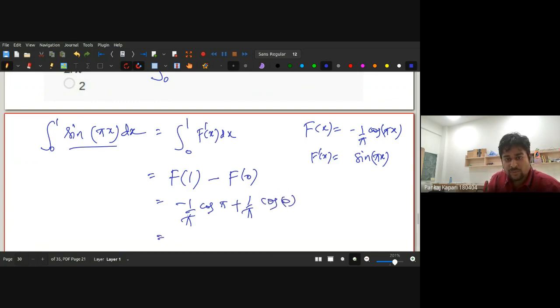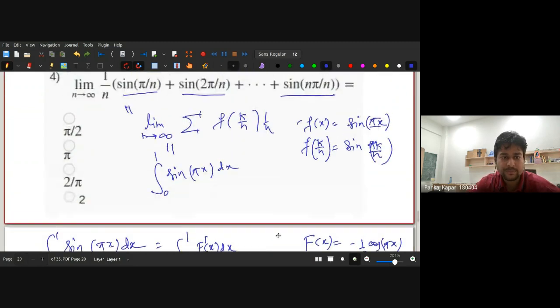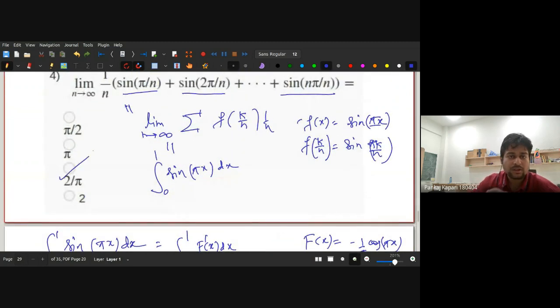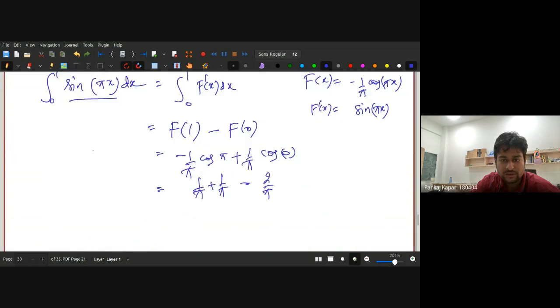The cos pi is minus 1, so minus and minus, you will get plus 1 over pi, and cos 0 is 1, so you will have again 1 over pi. So everything will give you 2 over pi. Okay, so the third option is correct here.